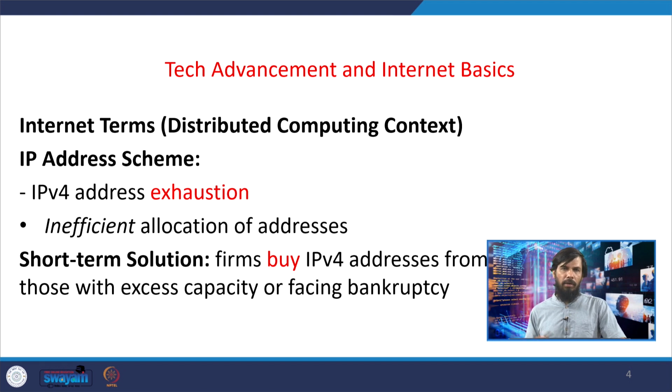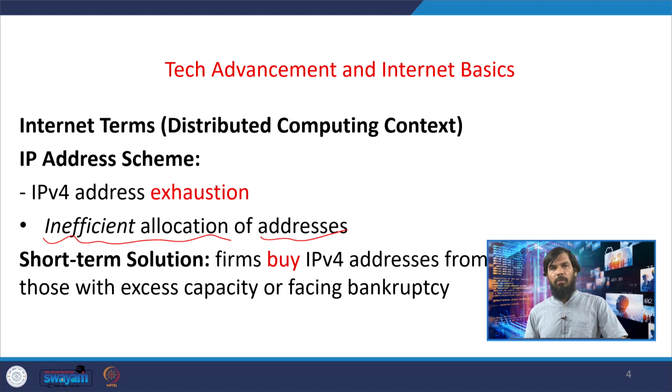Certain organizations, corporations, firms were given a lot more addresses which they were not utilizing, and other people who actually needed IPv4 addresses could not be allocated addresses. So, that has also contributed to this problem of IPv4 address exhaustion.